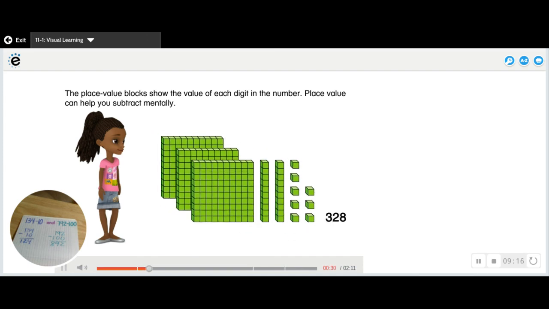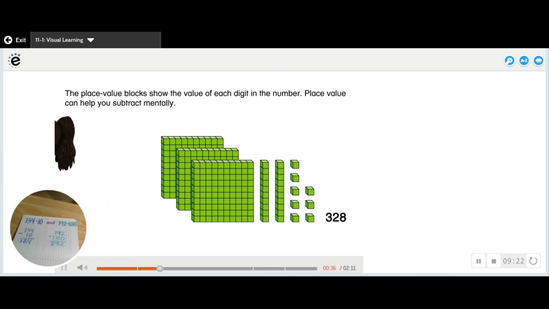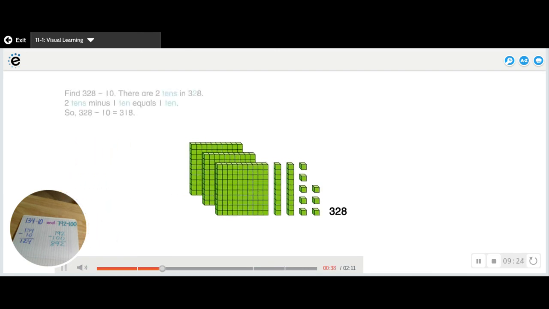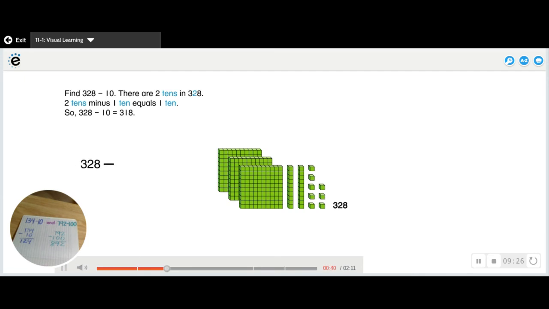Place value can help you subtract mentally. Find 328 minus 10. There are 2 tens in 328. 2 tens minus 1 ten equals 1 ten. So 328 minus 10 equals 318.